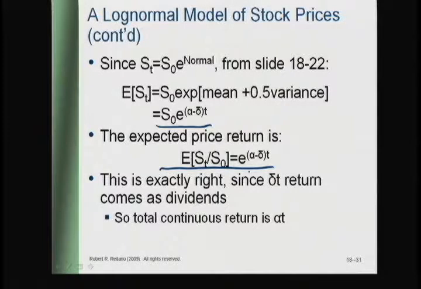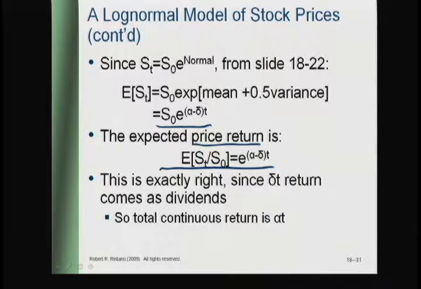Now, what is the subtraction of delta t? Well, it's a recognition that the investor in the security got a return of e to the delta t in cash dividends. So this is in fact the price return, as I say here.